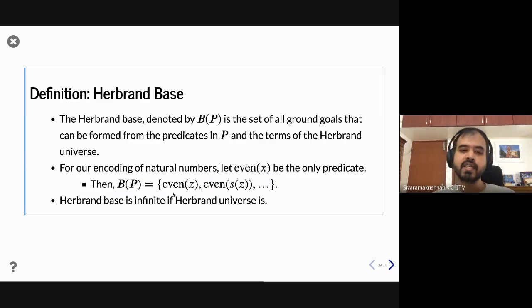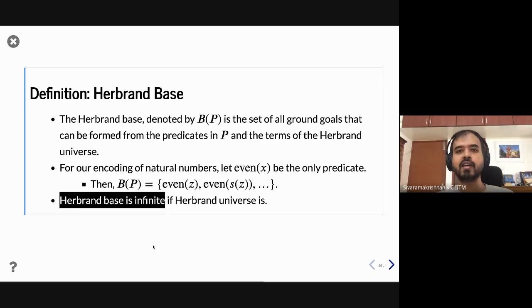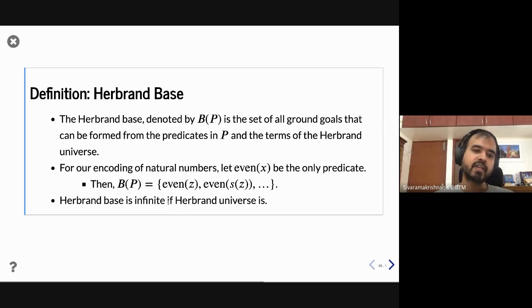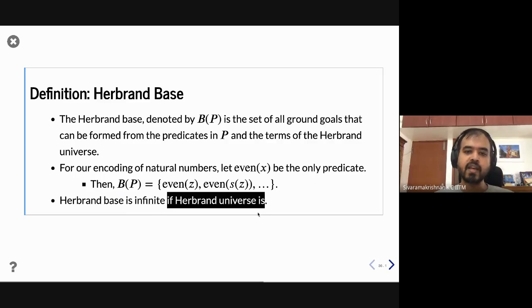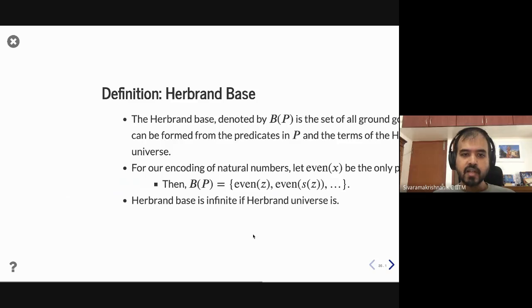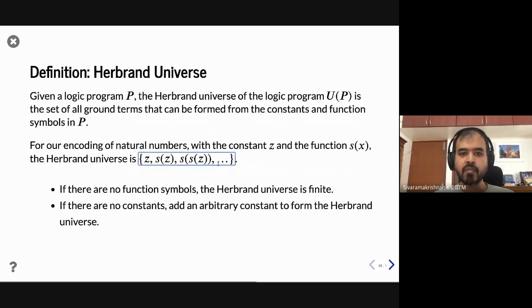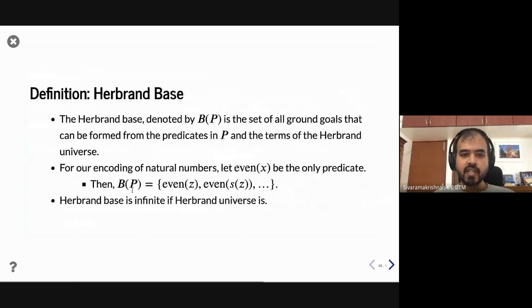And the observation here is that the Herbrand base is infinite if your Herbrand universe is infinite. If you can construct arbitrary terms, then your base will also be infinite.